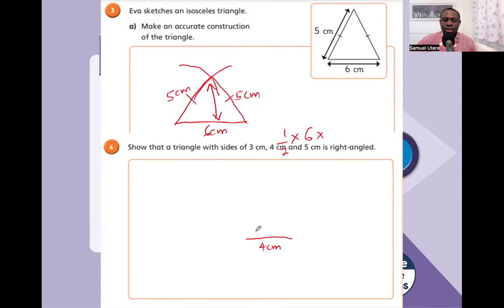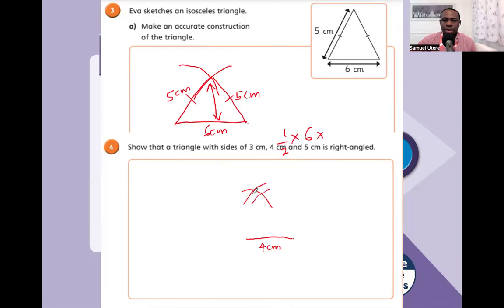Then open your compass to be 3 centimeter, put the compass there and draw the arc. So you will have something like this. Then open your compass to be 5 centimeter, place it in this end and draw an arc. You would have something like this.